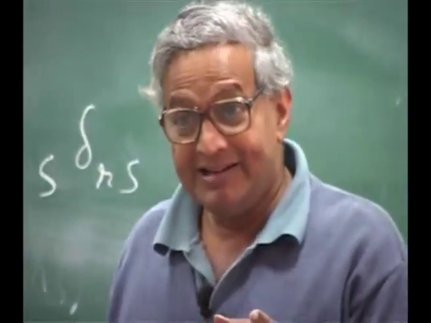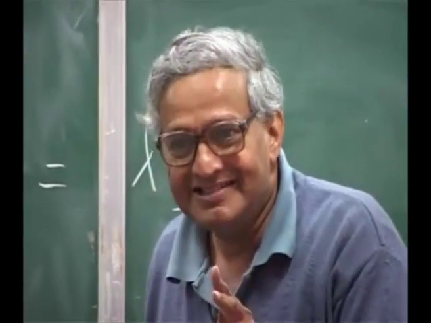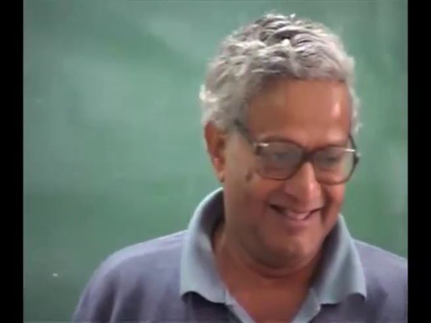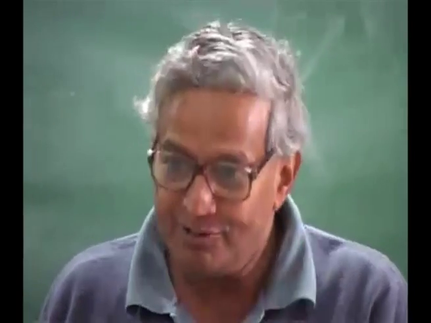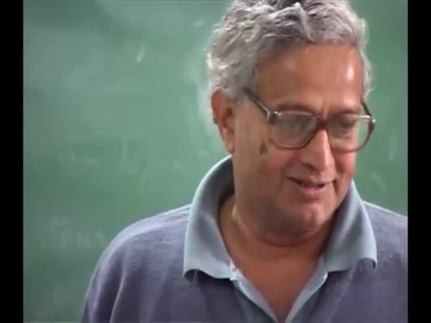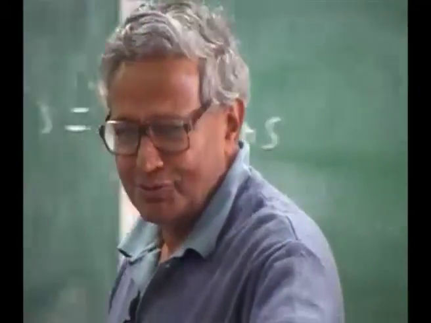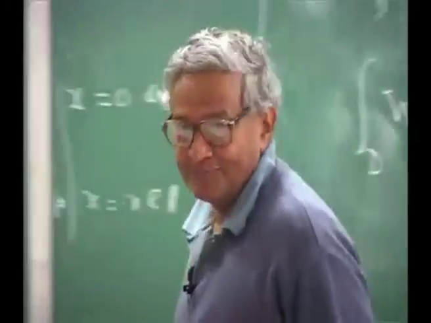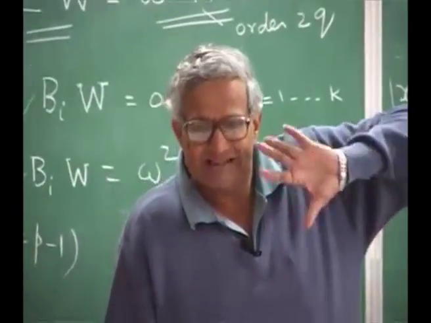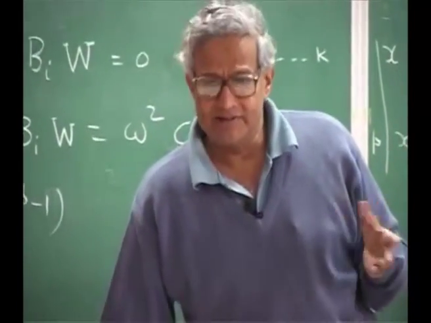But if you have repeated eigenvalues, then yes, you can have orthogonal eigenfunctions for these types. That can be proved, but I am not getting into that proof. If you do theory of vibration, it is normally given for the discrete system.